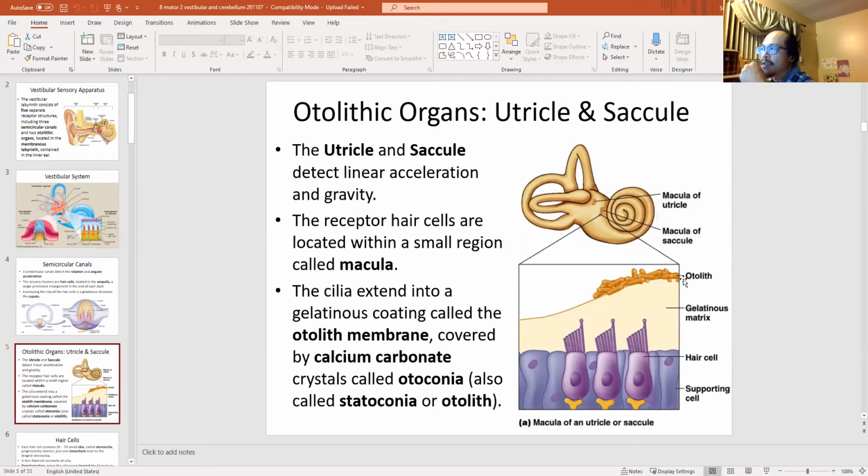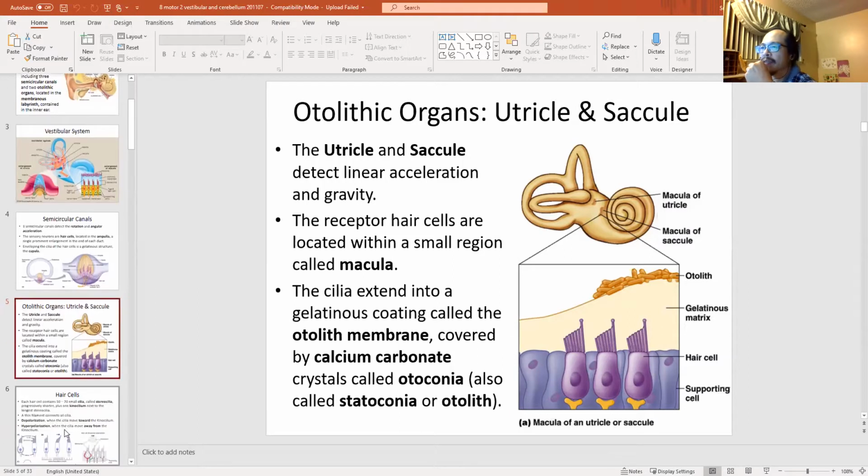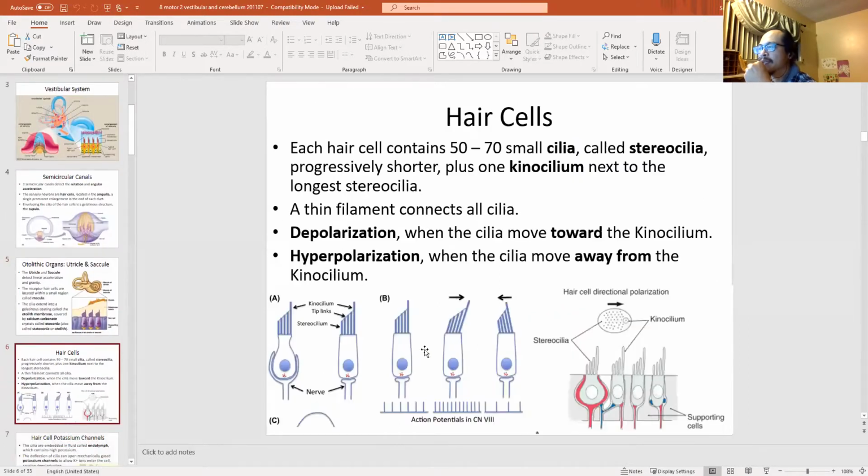This can also be called statoconia or otoconia, so depending on different contexts, but basically we are talking about the same thing. So that's that. Now let's look into this hair cell. This hair cell has this cilia. So what do you really know about this hair cell?